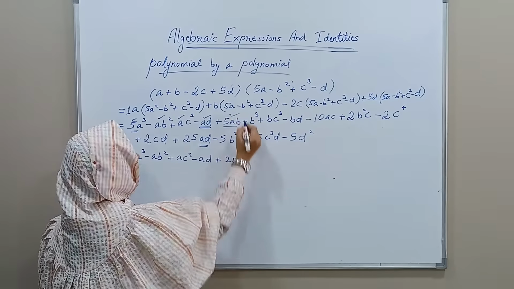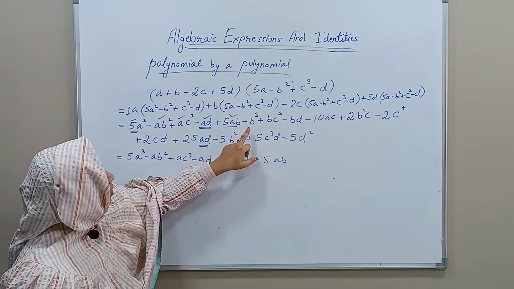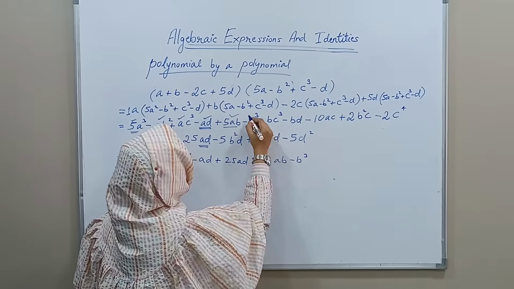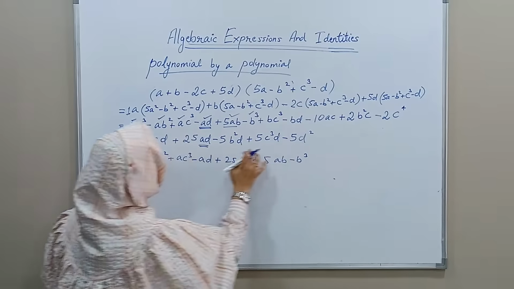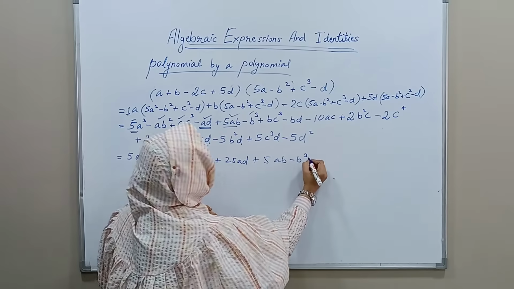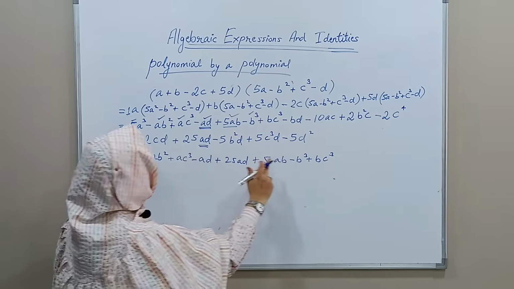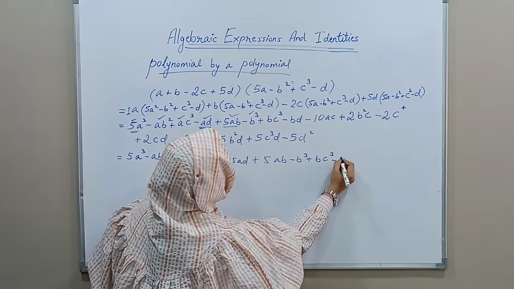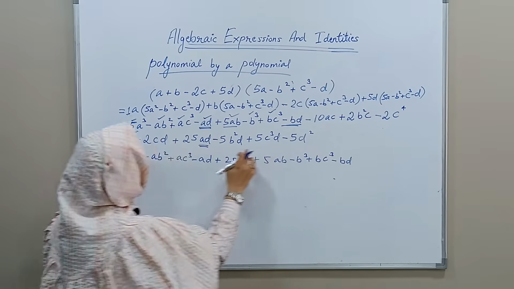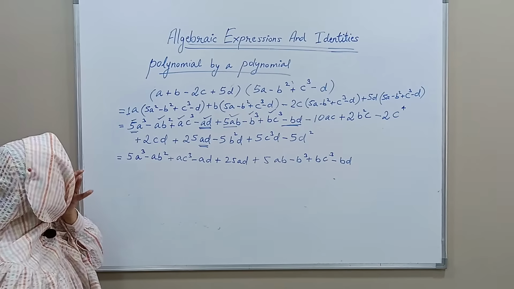Let us write down plus 5ab. Then minus b cube. Let us search for another b cube. We do not have another b cube. Then plus bc cube, and then minus bd. Let us search for another bd here. No, we do not have another bd also.